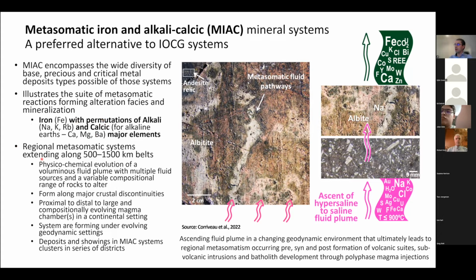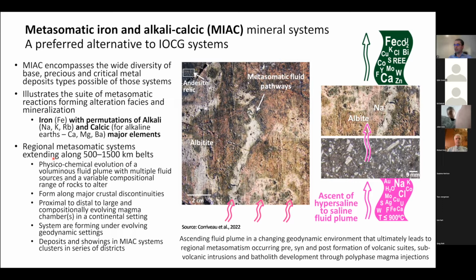They're extremely large hydrothermal systems. They can cover areas extending over hundreds to thousands of kilometers. And their formation, from the understanding that we're starting to get right now, seems to be driven by the physical-chemical evolution of an extremely large plume of fluids that is interacting with a wide range of host rock.